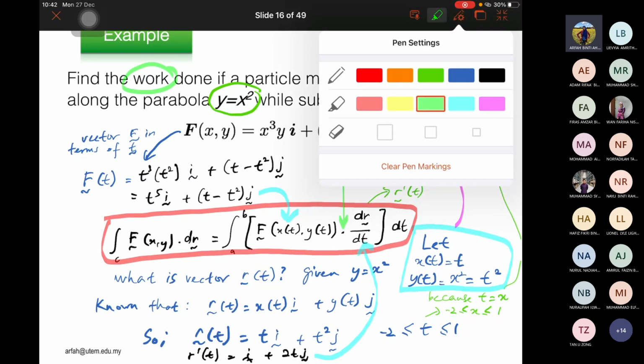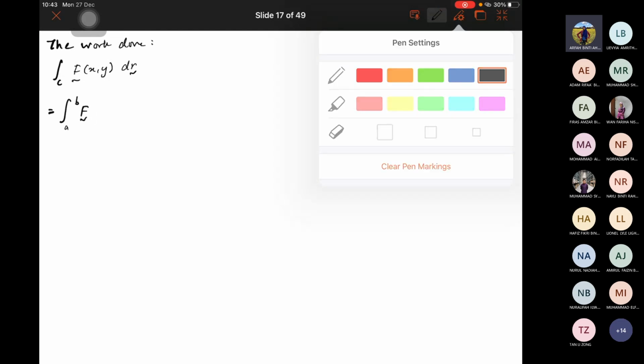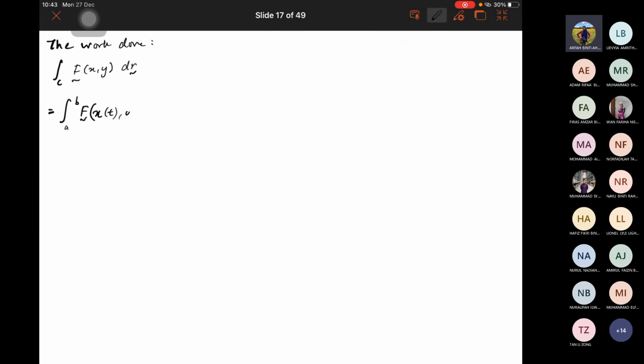So the work done, kita substitute everything. The work done will be equal to integration over the curve C f of x, y dr. Okay, that is equal to integration from a to b f of x(t), y(t), dr over dt multiply with dt.